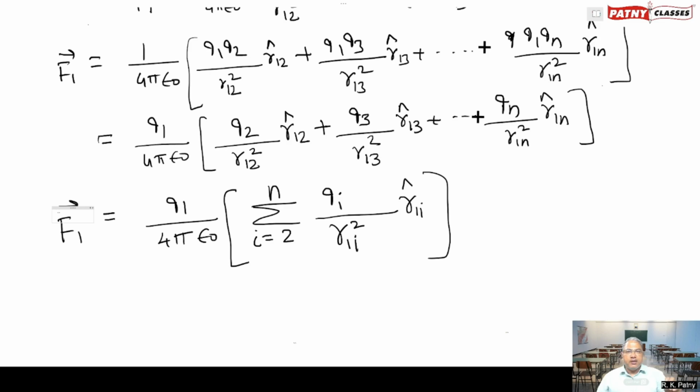I already have one video on this channel, so I will provide you the link in my description box. So you just go through that video for better understanding of the parallelogram law of vector addition. Here, the total force acting on the charge Q1 is finally obtained by using the parallelogram law of vector addition.